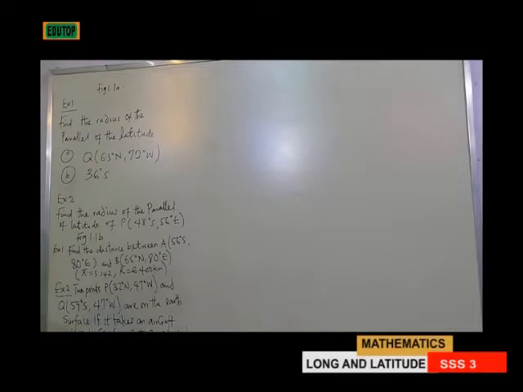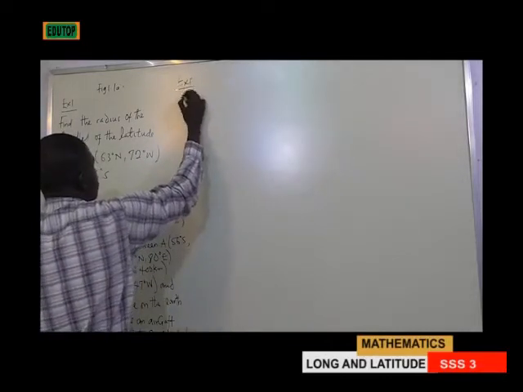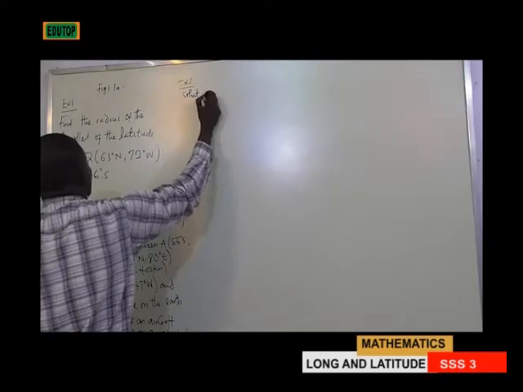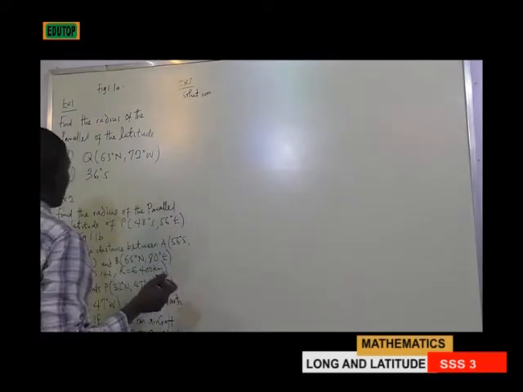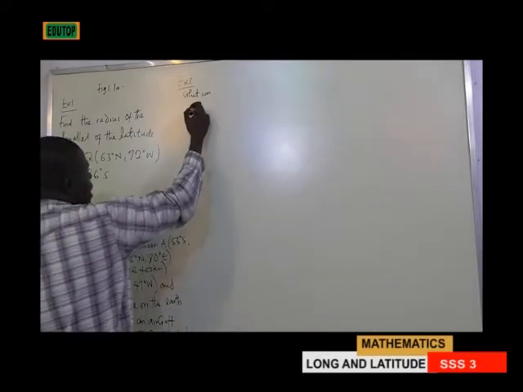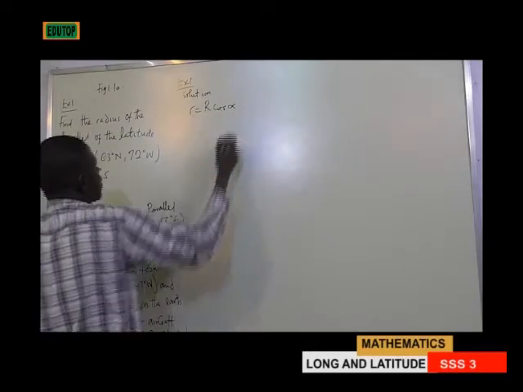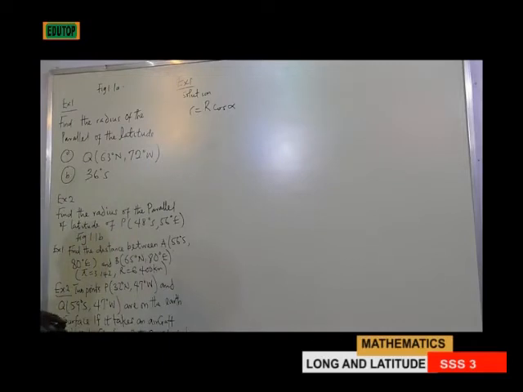That is what this question asks us. So the solution to example 1: since we have to find the radius of the parallel of latitude, remember that the formula is r equals R cos alpha.